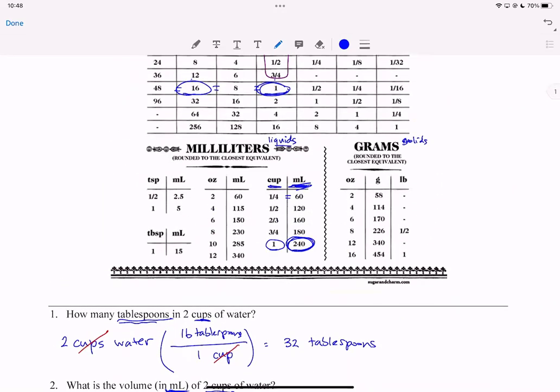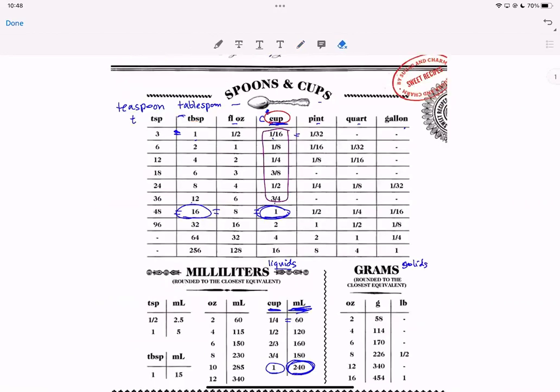So what have I got here? Let's clean this up a little bit. I can go from teaspoons, but this does not convert to grams. So I can go to tablespoons, fluid ounces, cups, pints, quarts, or gallons, but it doesn't go to grams.